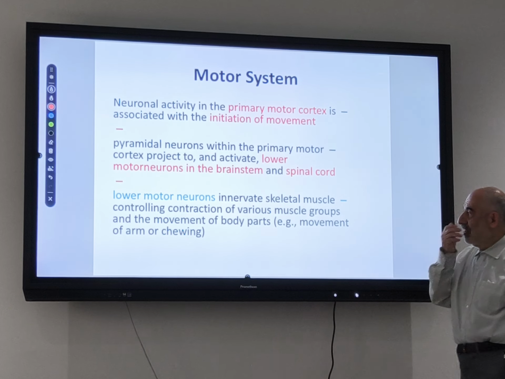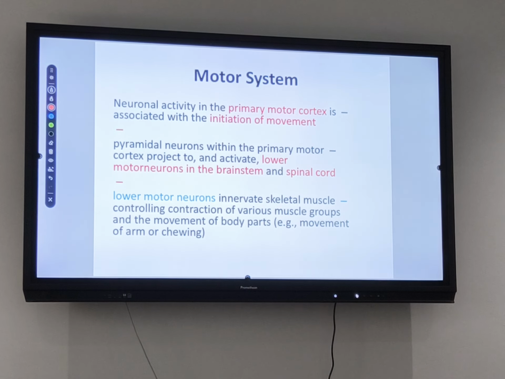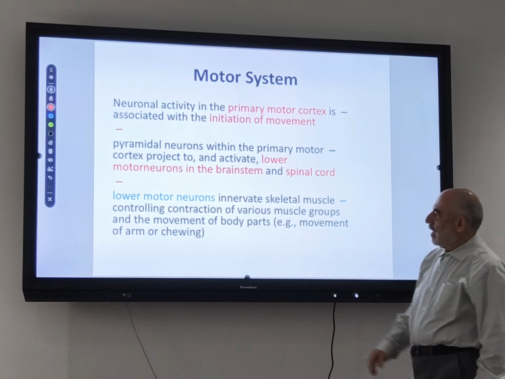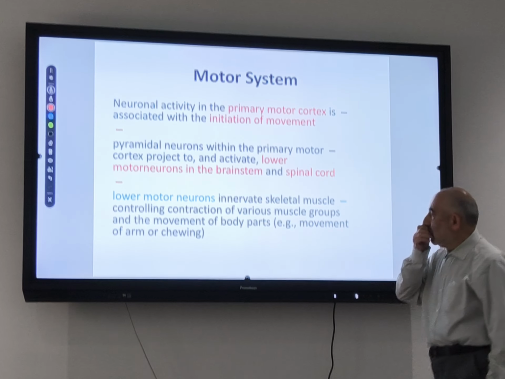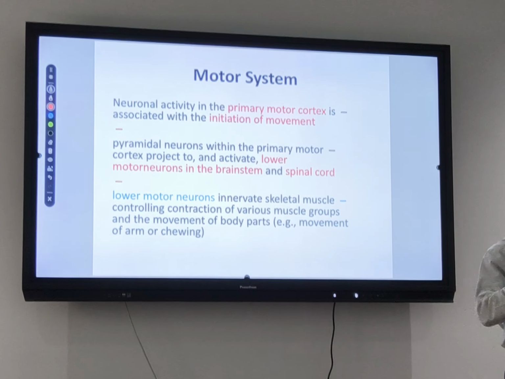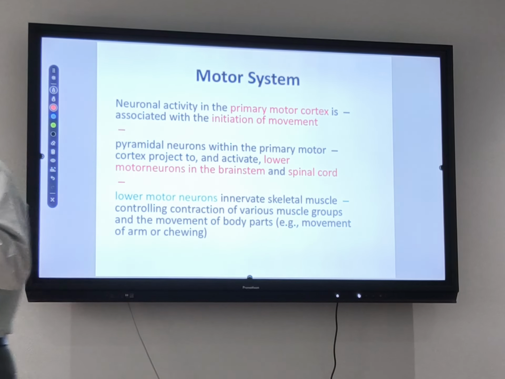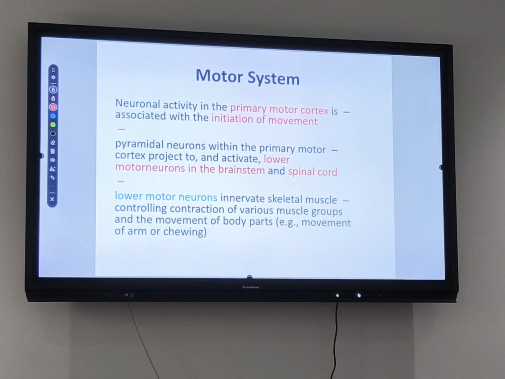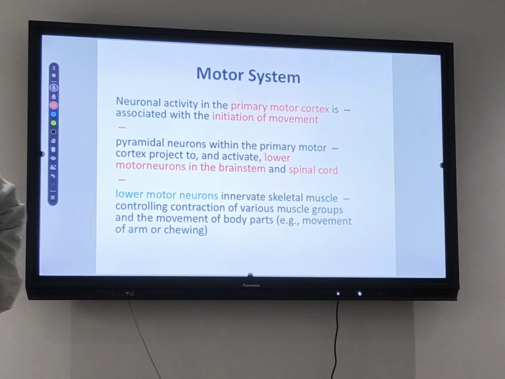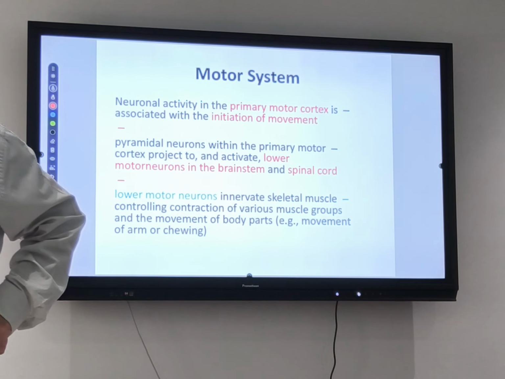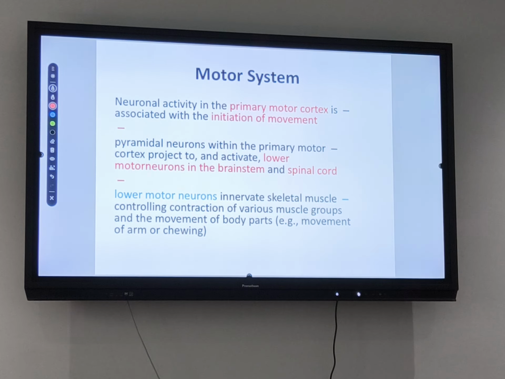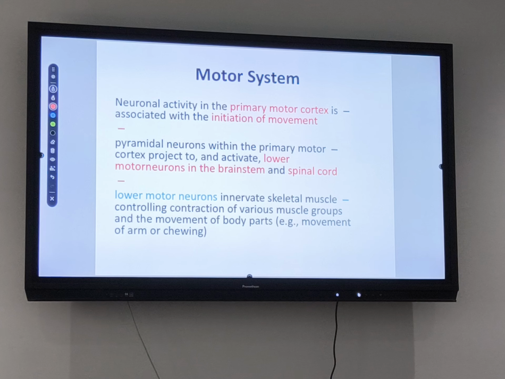They control contraction of various muscle groups and the movement of body parts, for example movement of the arm. If I give an order to a subject, please do this, and you do it, it means that at this time the fifth cranial nerve is okay.